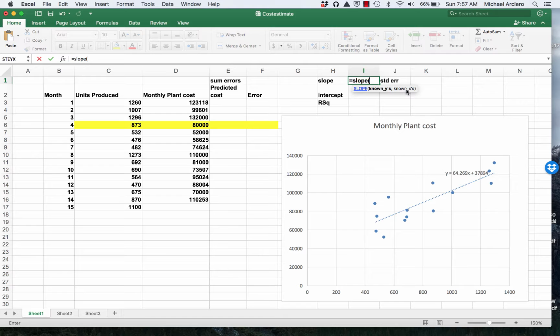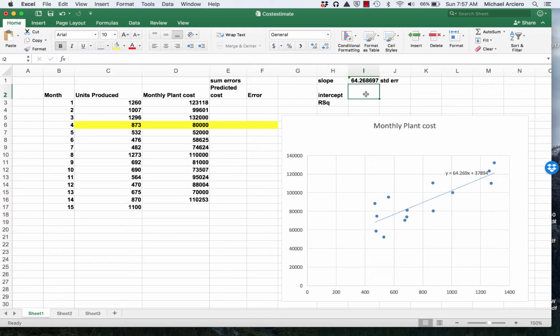The known y's and the known x's are called arguments of the function. So we want to select the y's. I'm not going to take that last value there, which is empty. Now we separate with a comma and select our next argument. All right, that gives us the slope.